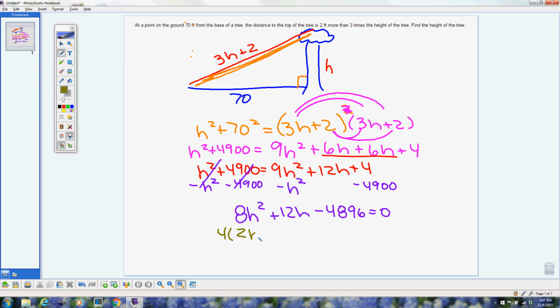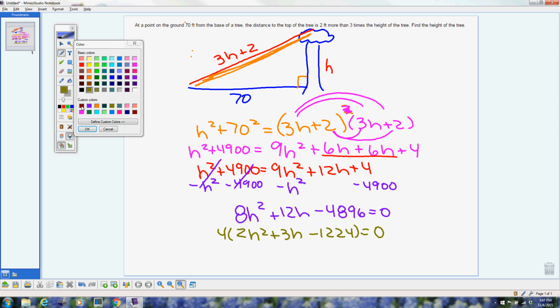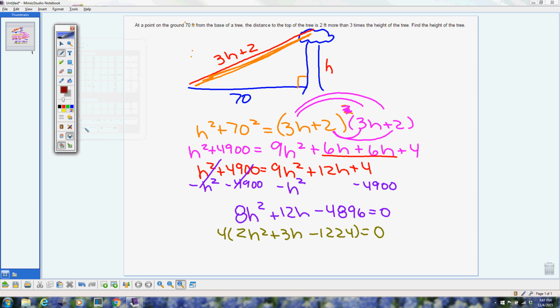And that's going to give me 4 times (2h squared plus 3h minus 1,224). Now that 4 on the outside doesn't help me when I'm solving because it doesn't have a variable with it, a letter. So I have to factor that 2h squared plus 3h minus 1,224.